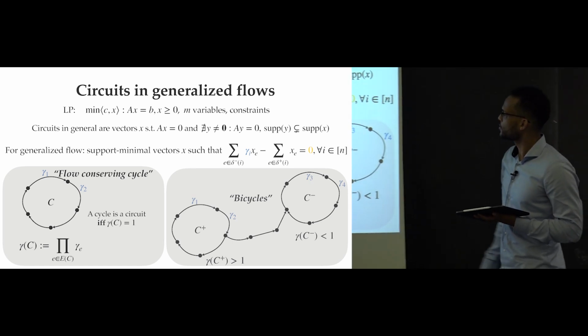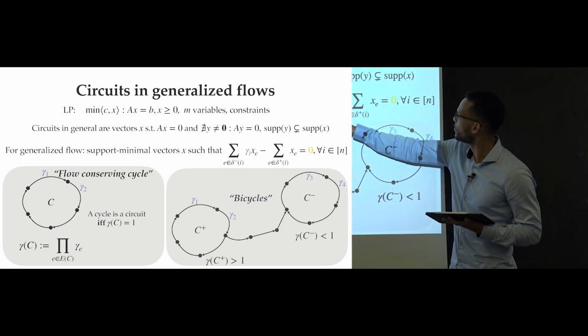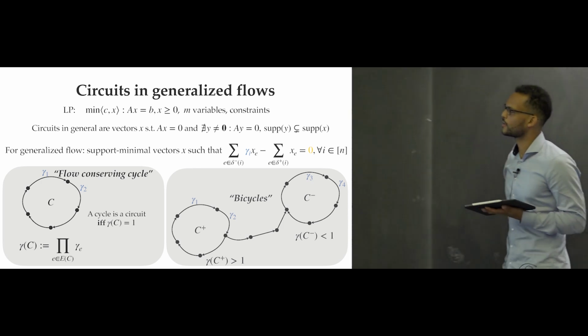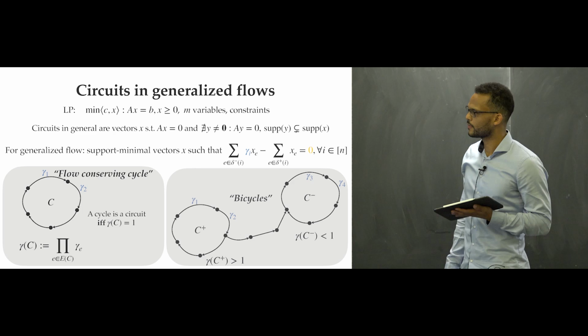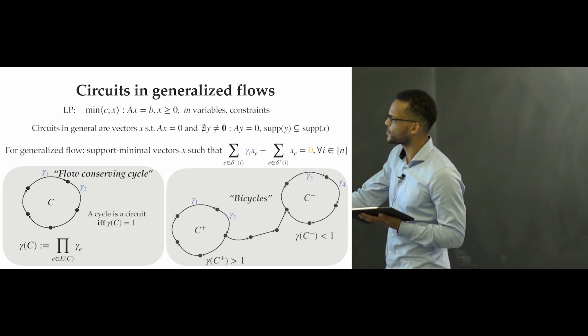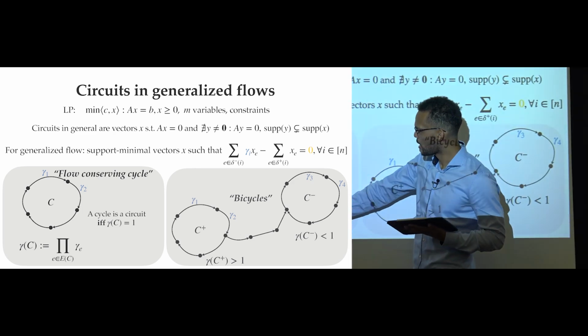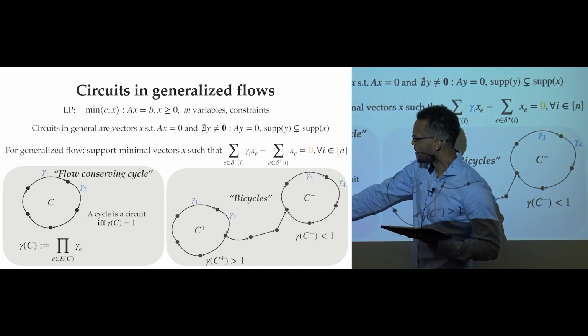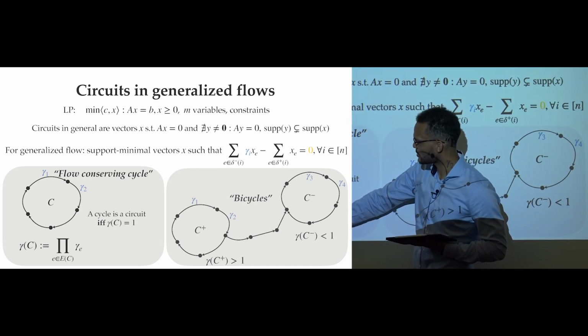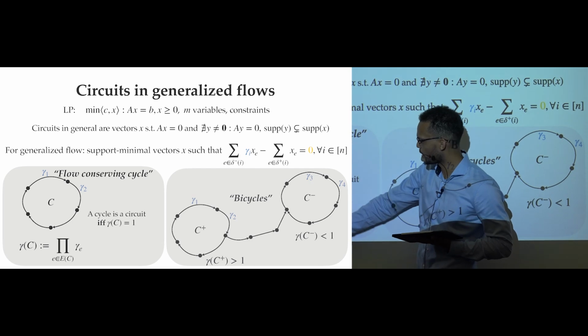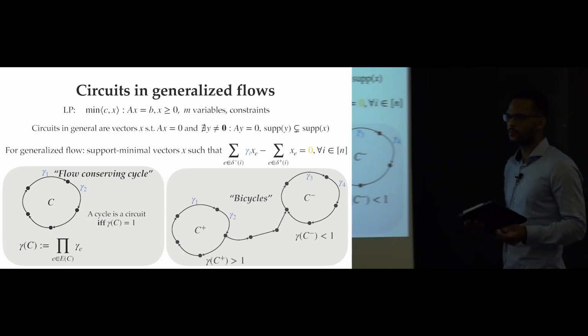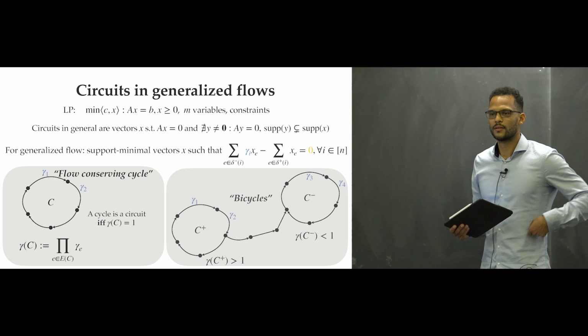This is what you try to achieve. Now, there are two types of these circuits where you can achieve that. One type of circuit is where, for a cycle, the product of the gammas on that cycle is exactly 1, then this is just a rescaling of a standard cycle, right?